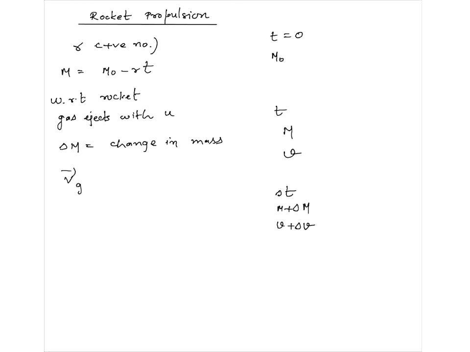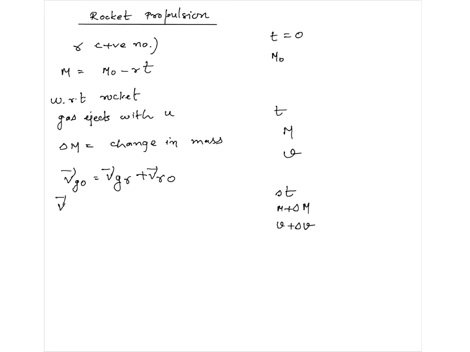Velocity of exhaust with respect to this observer, let me just say O. Velocity of gas with respect to rocket, velocity of rocket with respect to O, where O is the stationary observer.